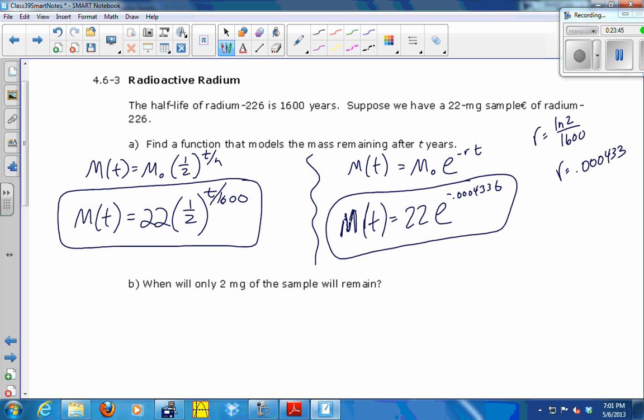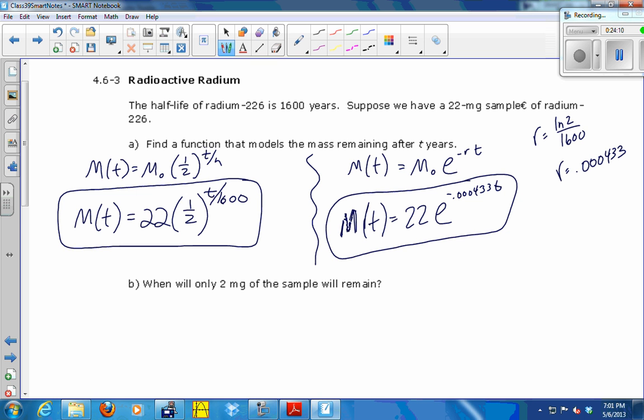So those are two functions that are equivalent. They're exactly the same. If you graph them both, they're going to look exactly the same. Two exponential decay functions. So I can use either one when I'm answering the rest of the questions.